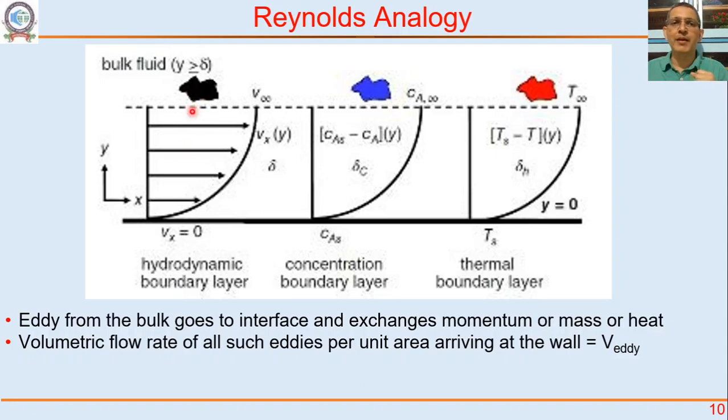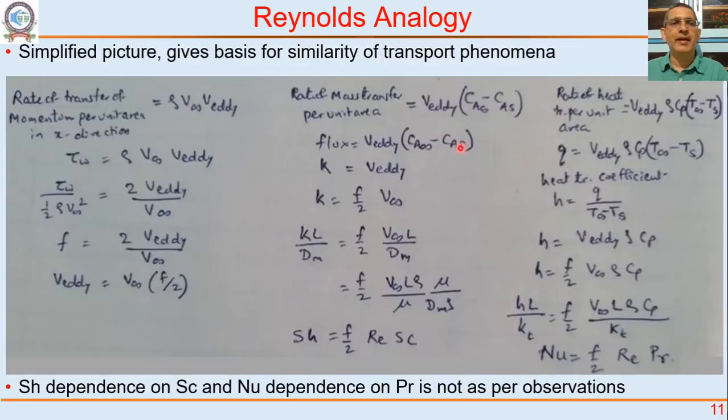So many eddies are coming per unit time, per unit area. Per unit time, per unit area, volumetric flow rate is nothing but velocity. So velocity of this eddy is nothing but volumetric flow rate per unit area. Okay. That will allow us to calculate the rate of momentum transfer, rate of mass transfer, and rate of heat transfer. Here is the analysis.